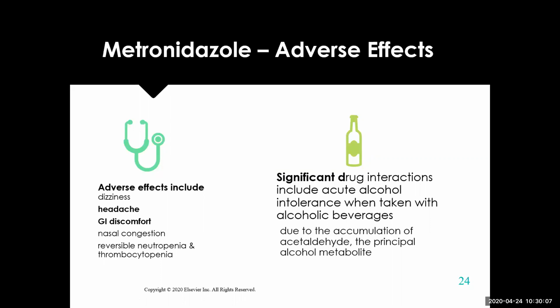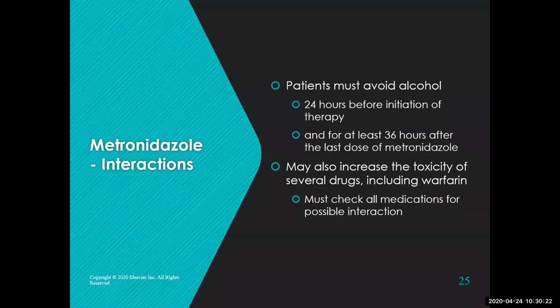So we really need to tell people who are taking metronidazole they must abstain from alcohol for a full 24 hours before they start taking this antibiotic, and then for 72 hours after the completion. And I think it's on this slide. Yes, it is. So there must be complete avoidance of alcohol 24 hours before they start the metronidazole, and at least 36 hours after the last dose of metronidazole.